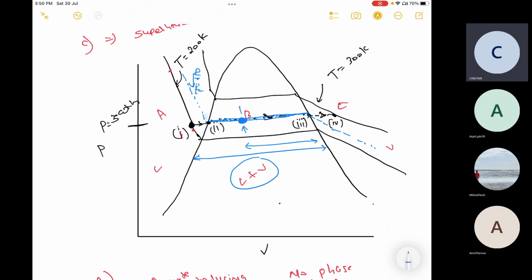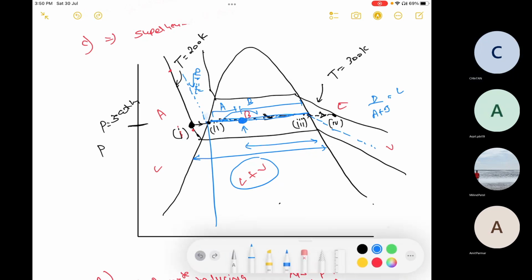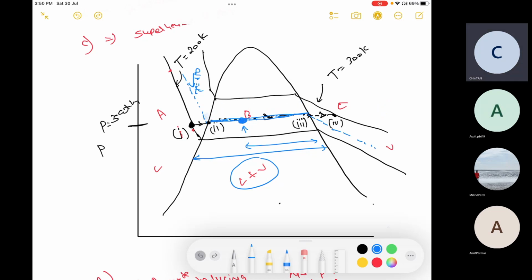If this is A and this is B, then B divided by A plus B will give me the liquid fraction, because we know we can follow the inverse rule from 100%. So what activity are we observing here in B zone?